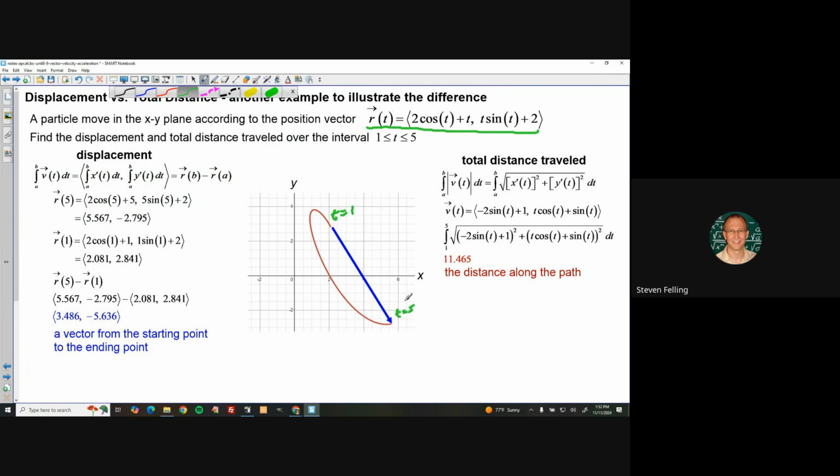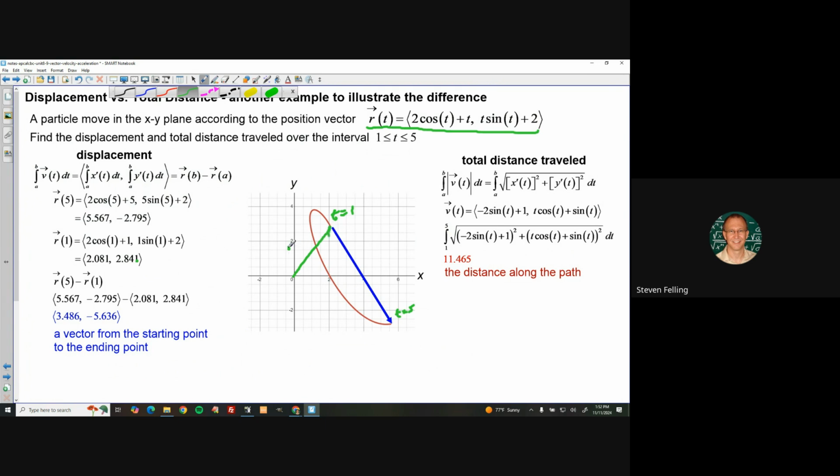So if you plug in 1 to this position vector, no derivatives, you end up getting 2.081, 2.841. That's a vector that goes 2.081, 2.841. So that's this vector here.